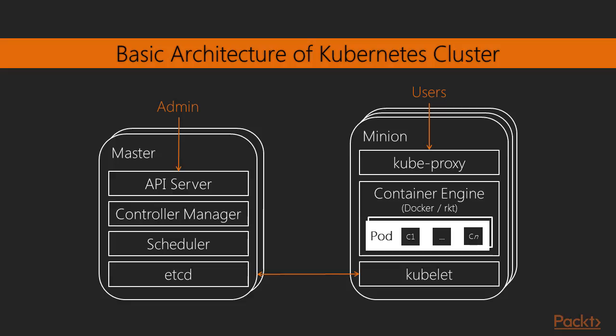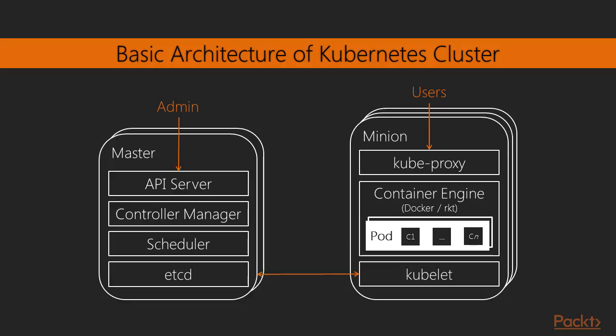So this master offers an API server, a controller manager, the scheduler, which is responsible for scheduling tasks and containers to the minions, and it also contains an etcd key value store, which basically is the brain of the whole Kubernetes cluster. So this etcd holds the whole state of this cluster.